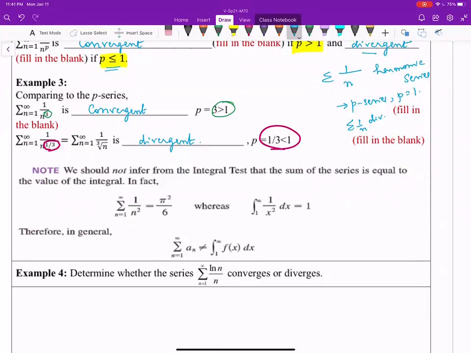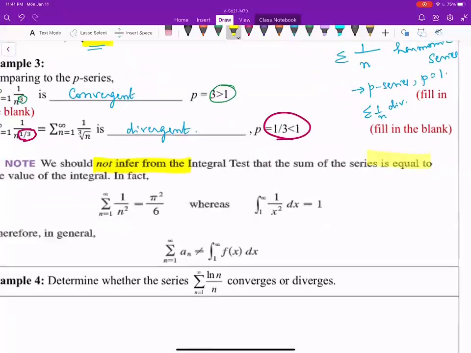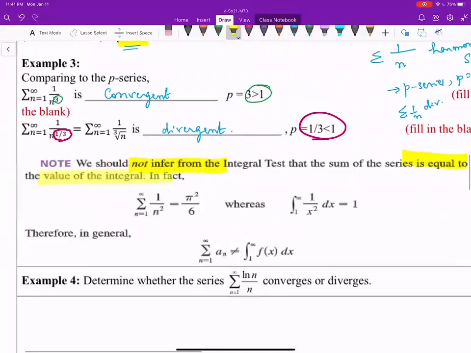We should not infer from the integral test that the sum of the series is equal to the value of the integral. In fact, sigma 1 over n square would be equal to pi square over 6, whereas the integral of 1 over x square dx would be equal to 1.